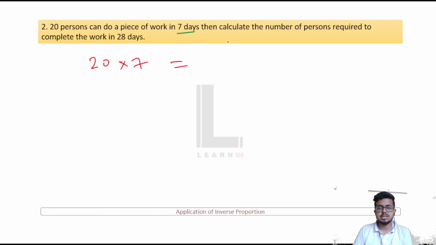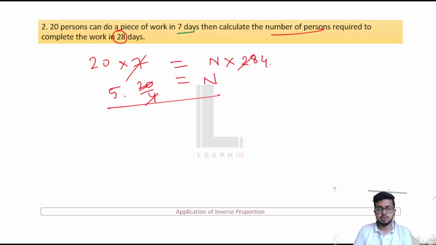The number of days in the second scenario has also been given, and we need to find the number of persons. So we would just put N here and put 28 here. This is crossing out as 4, and we would need to find 20 upon 4, and this would be 5 as the number of men. So we need 5 men to do the work in 28 days.